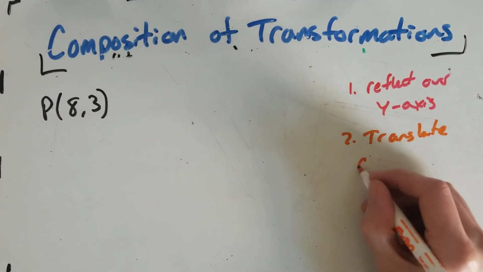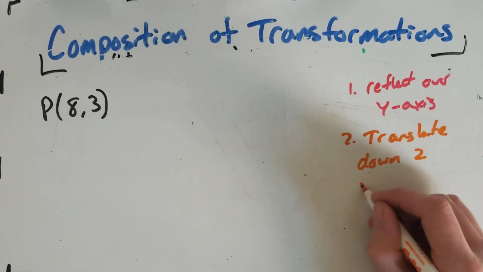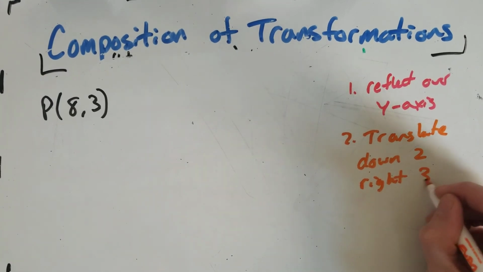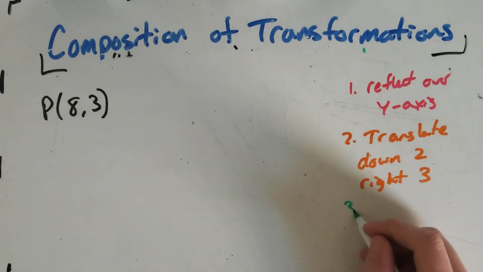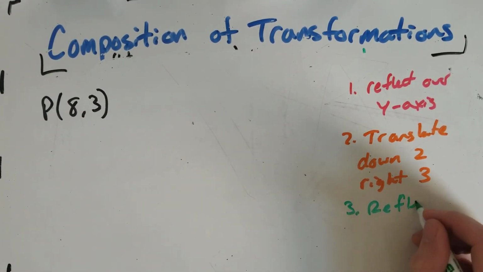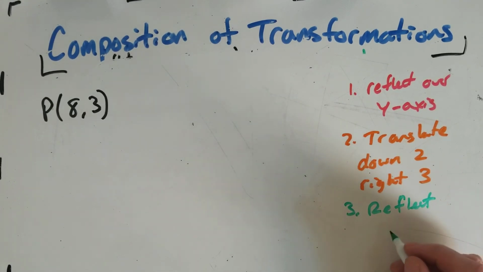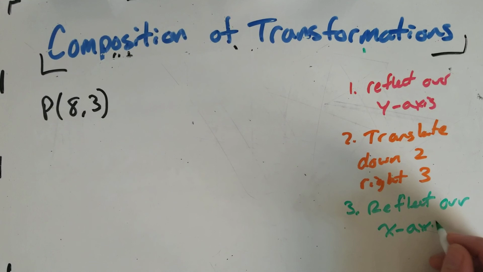It says down 2 and to the right by 3. And then, we're not done yet, we are going to reflect again, so a second reflection, and it's going to be over the x-axis.